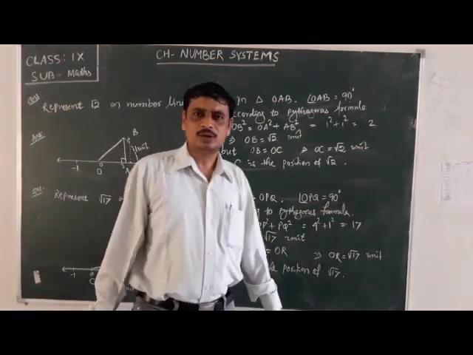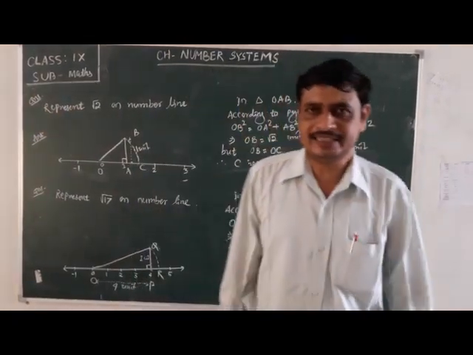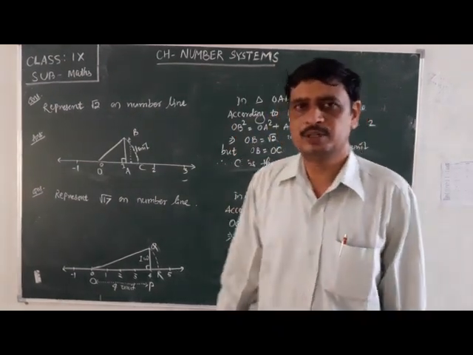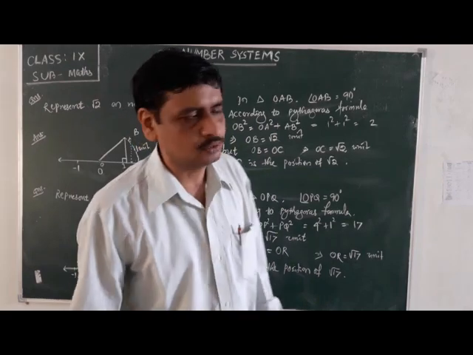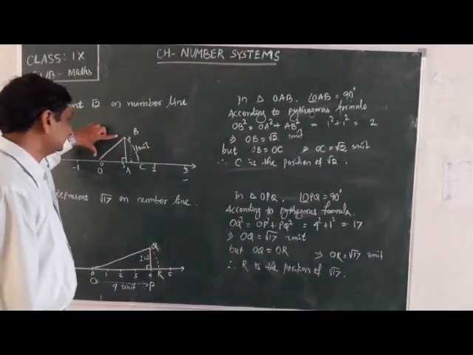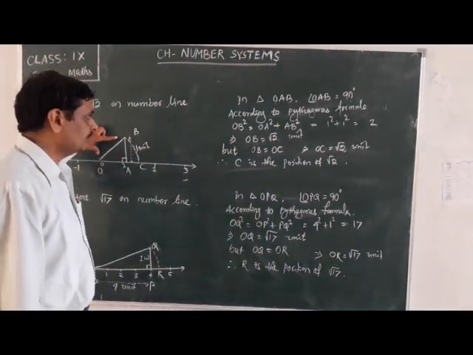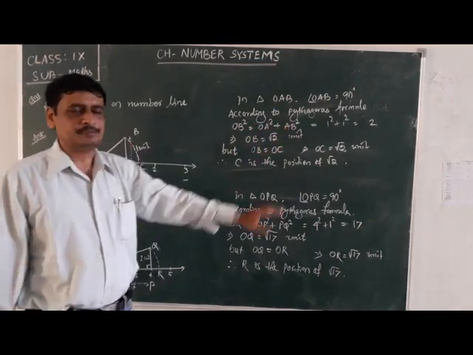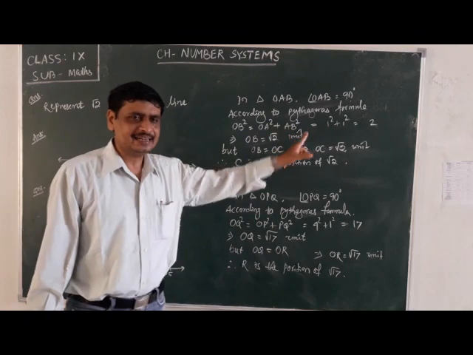According to the Pythagoras formula, the hypotenuse square becomes equal to the sum of squares of the base and perpendicular. That is, OB square equals OA square plus AB square.